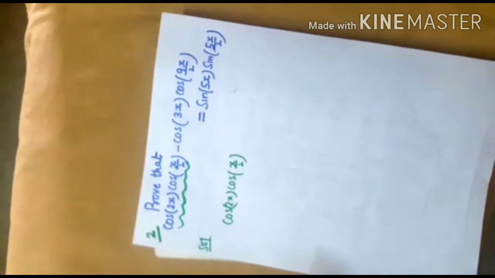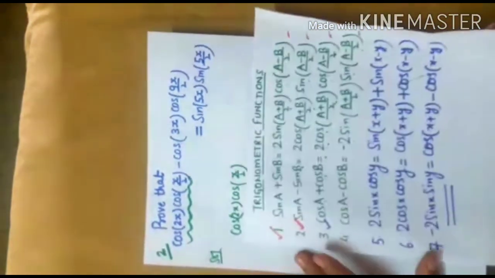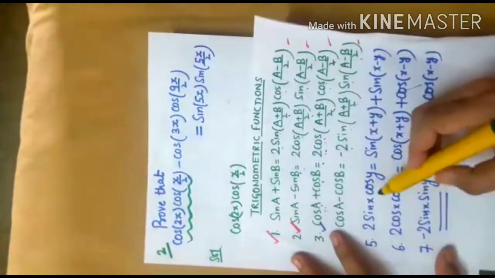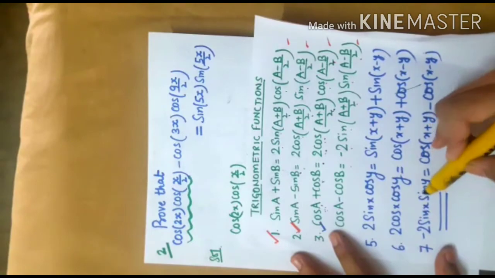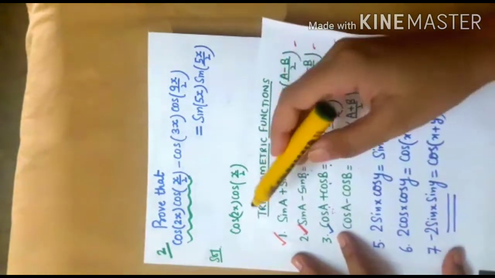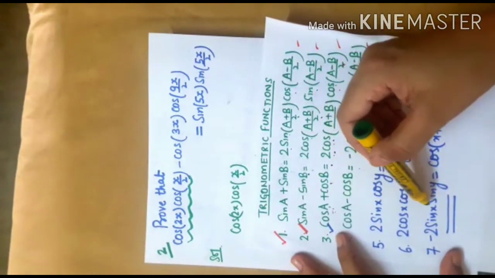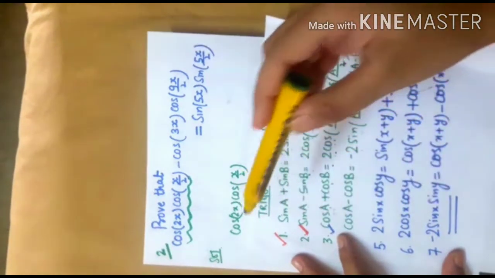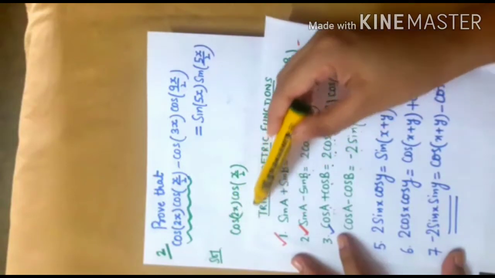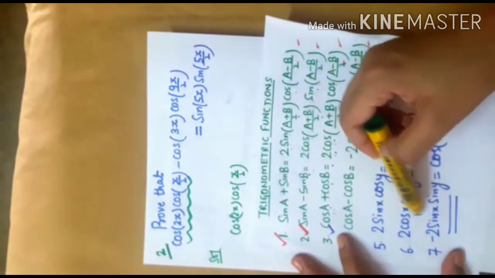Now look here. Last time we did these three identities. Now can you tell me, amongst these three, this can be converted into which of these three forms?